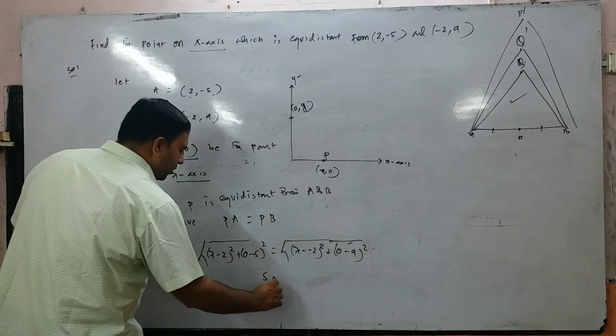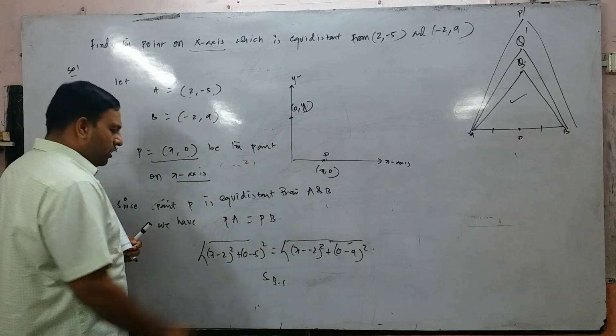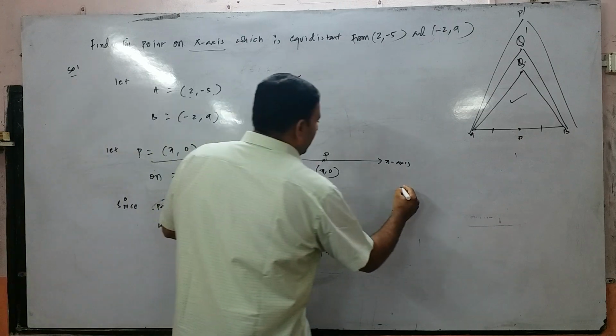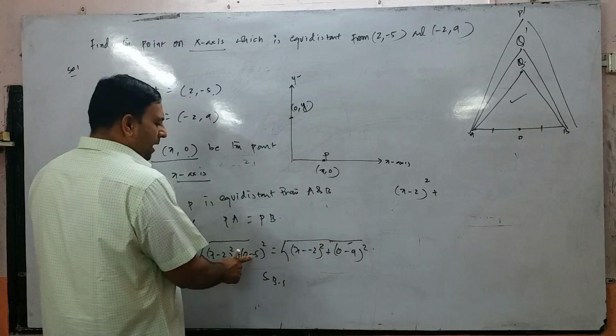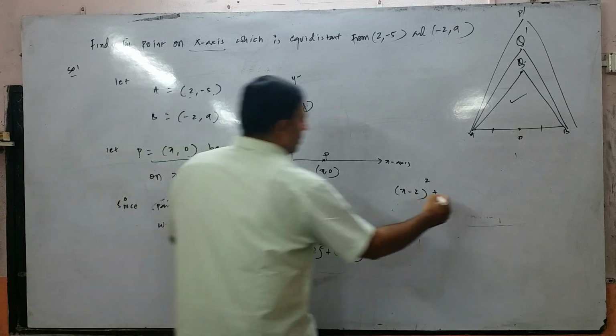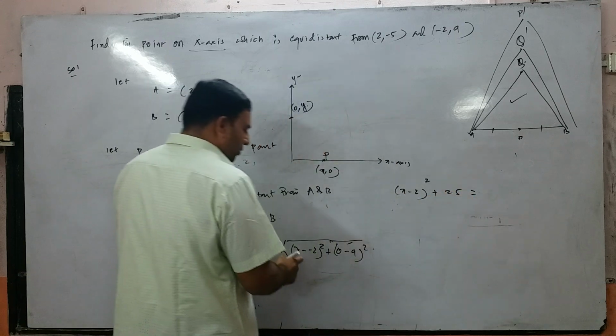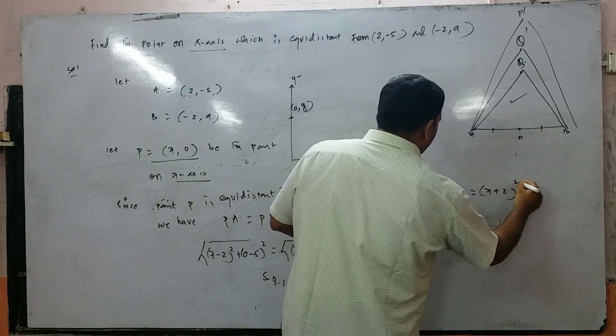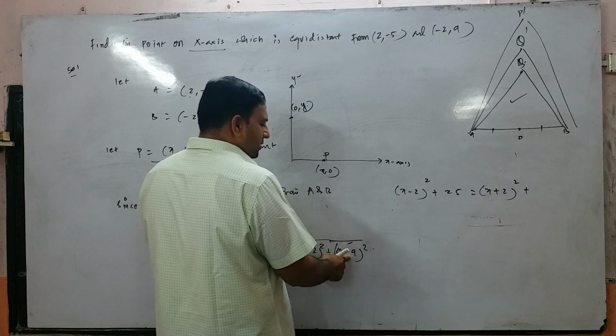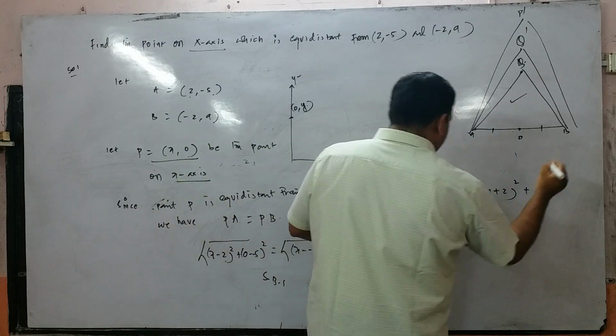Now square on both sides so that you can remove the root. When I square on both sides, you have x minus 2 whole square plus minus 5 square, 25, is equal to x plus 2 whole square plus minus 9 whole square, which is 81.